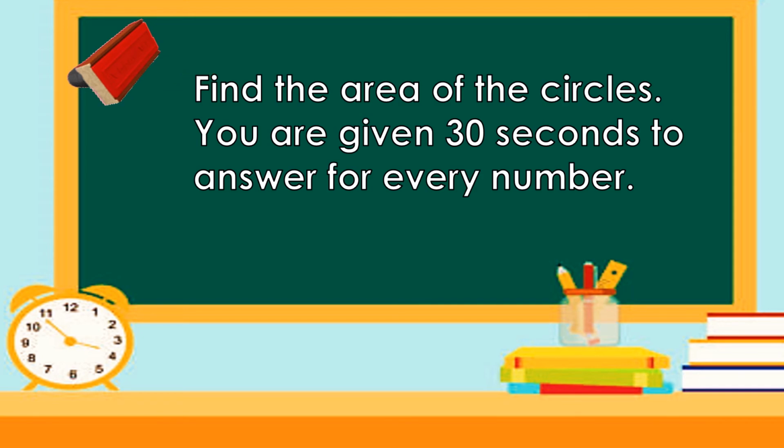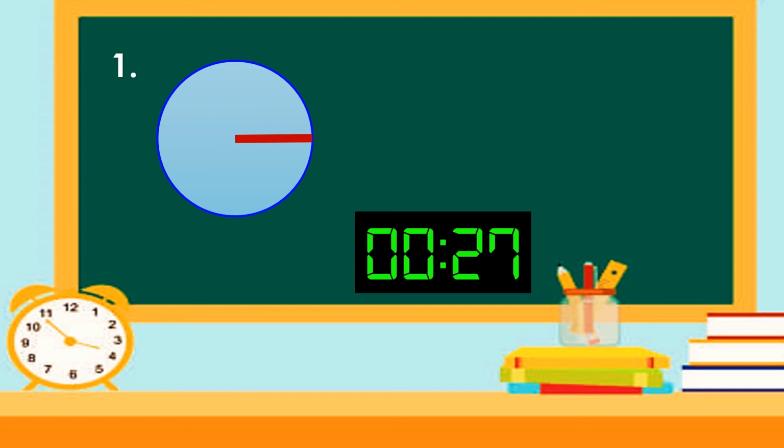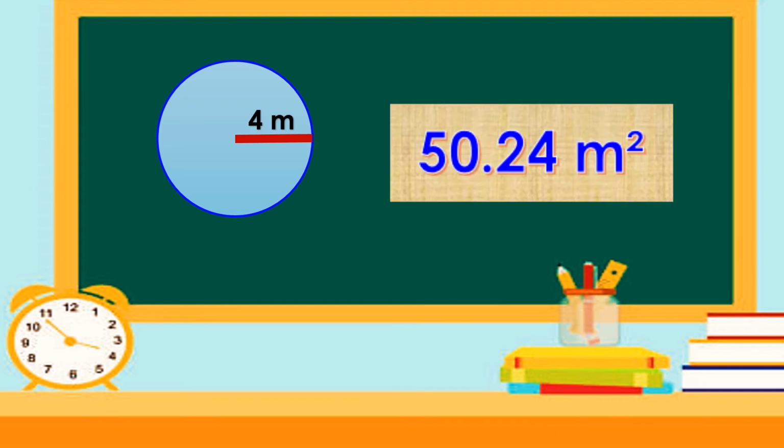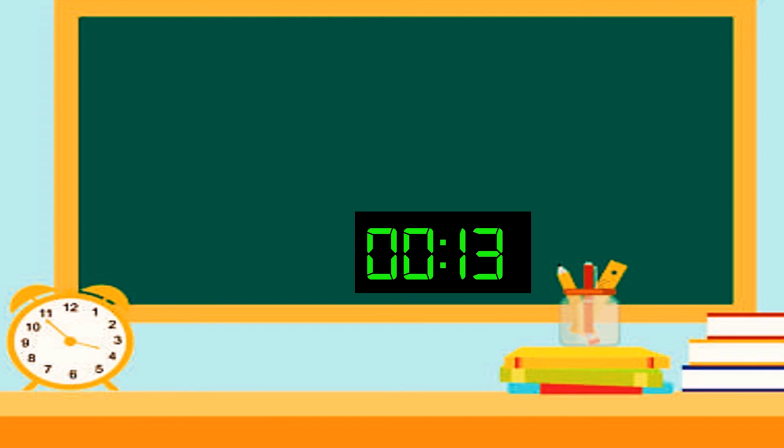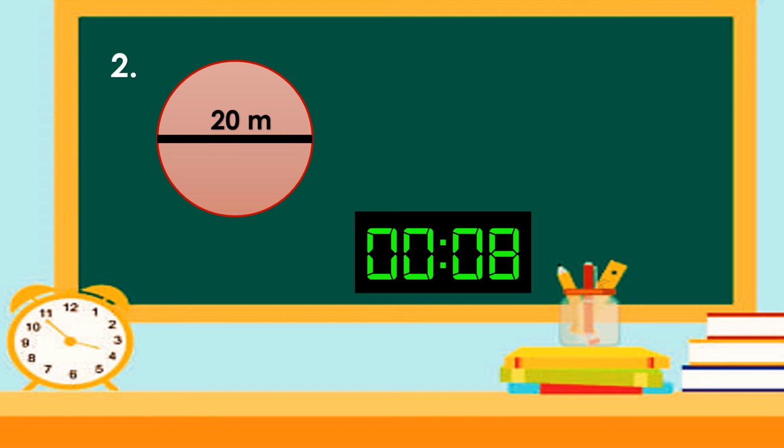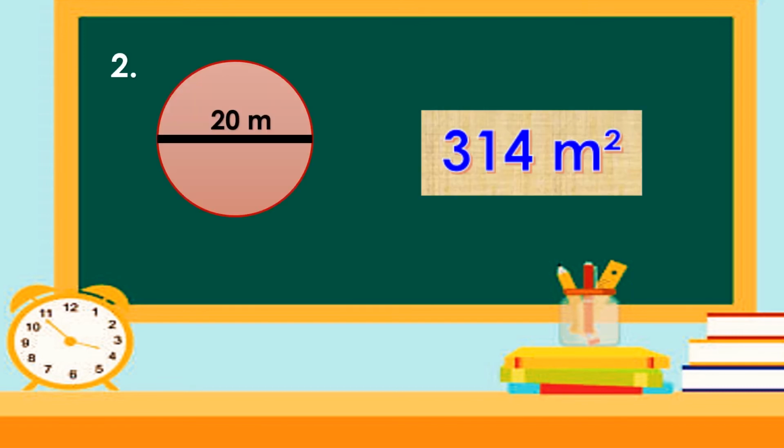You are given 30 seconds to answer for every number. 2,400 square meters. The answer is 314 square meters.